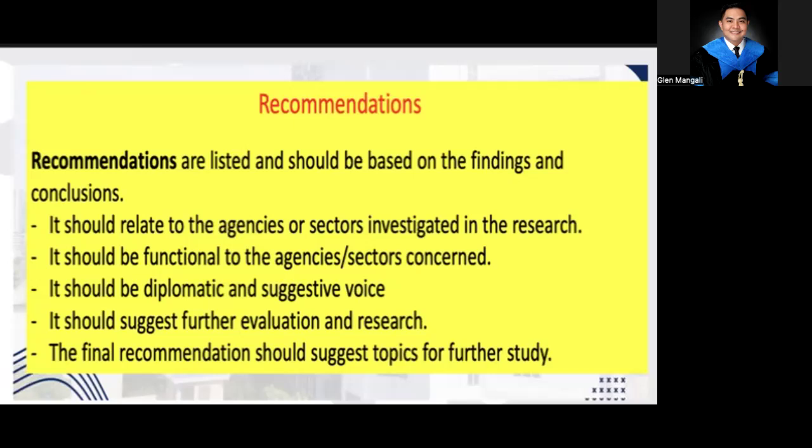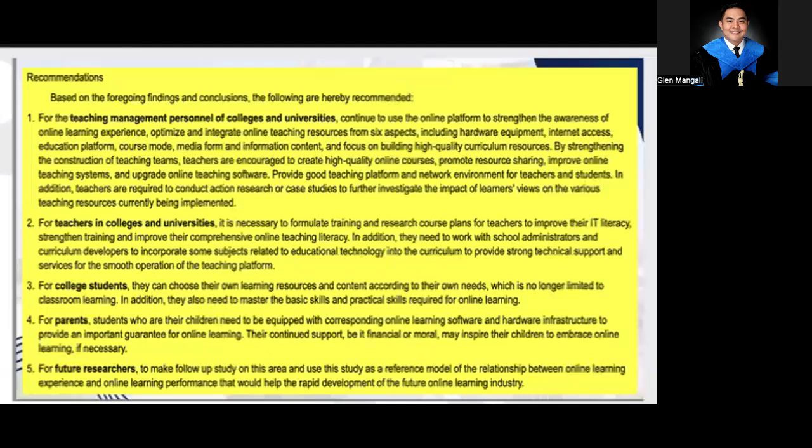So how does it look when we write it? So for example, recommendation: based on the foregoing findings and conclusion, the following are hereby recommended for the teaching management personnel of colleges and universities. So that's the first recipient of the study, and then you explain the reason why these can be recommendatory to them.